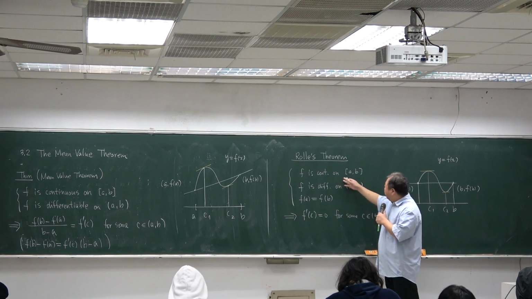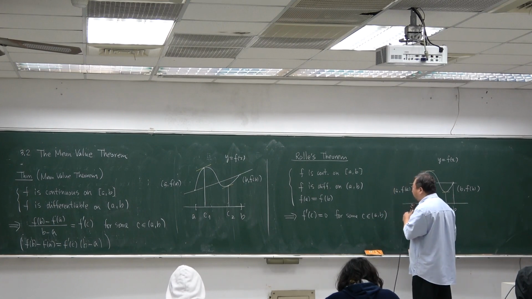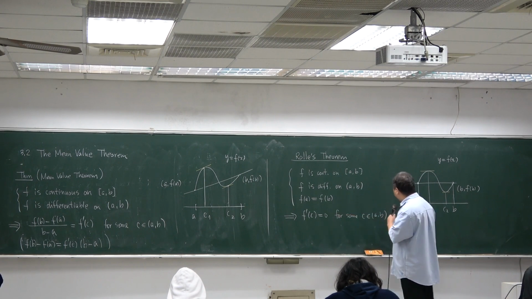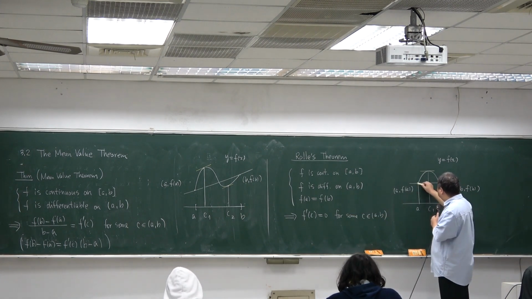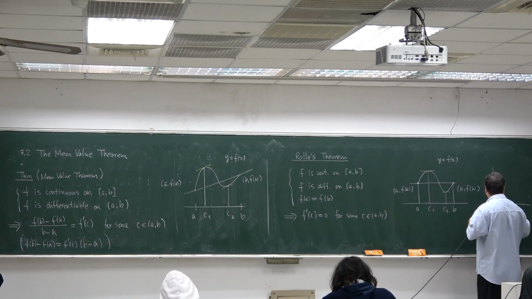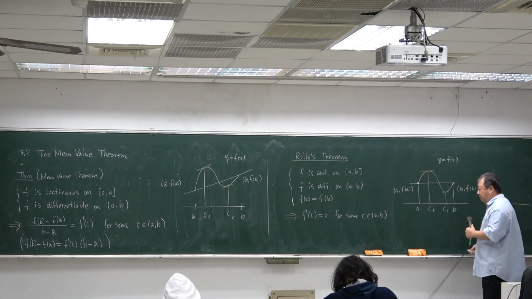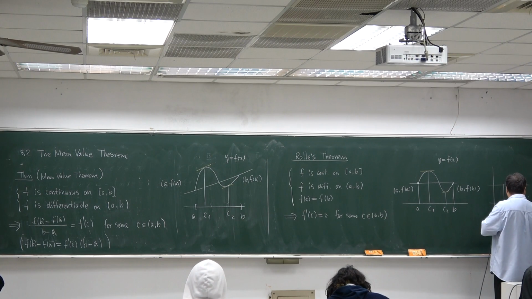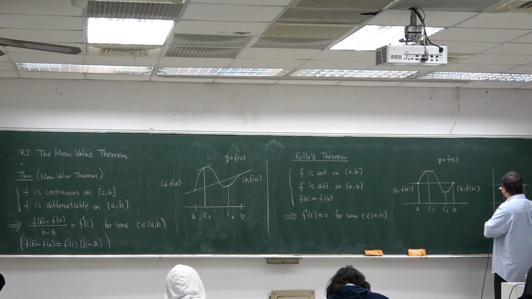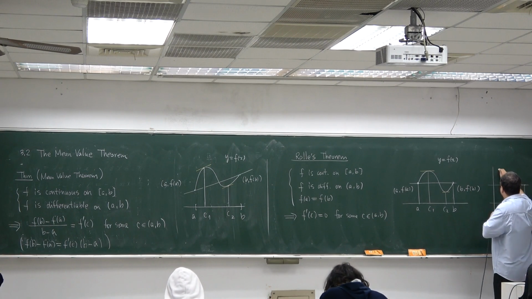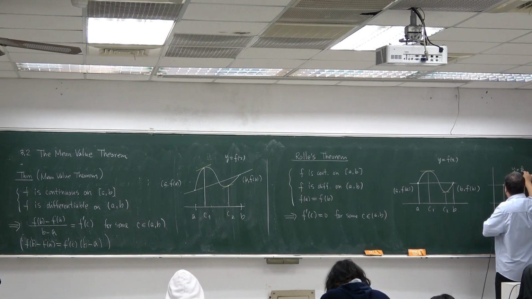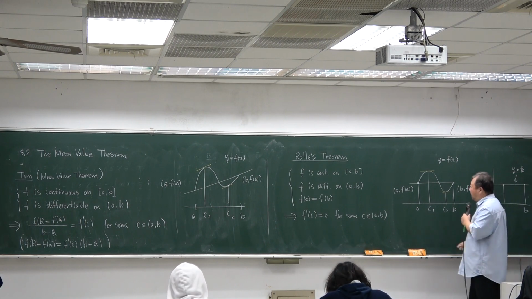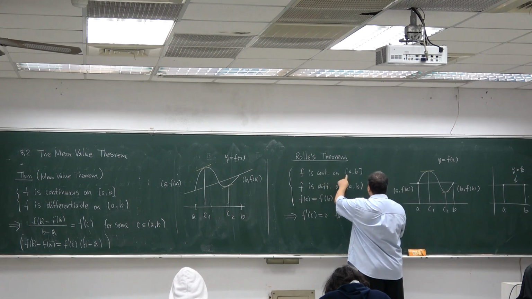Okay, f is continuous on AB, and differentiable on the open interval AB, and f of A equals f of B. If this function is a constant function, for example, all values K, so a constant function of course is continuous on AB.